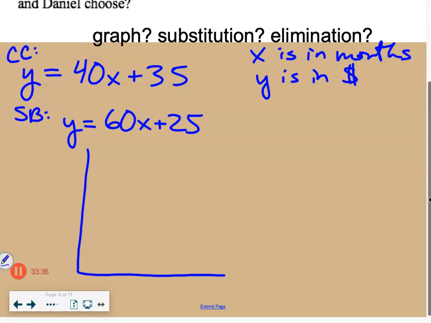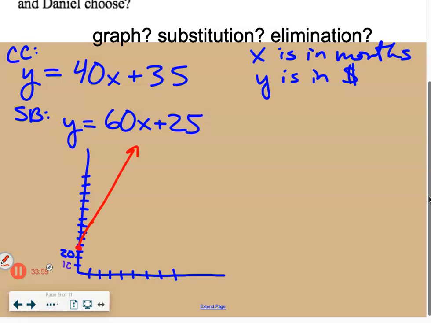So like 10, 20, 30, 40, 50, 60, 70, 80, 90, 100. Going by tens and so forth. 1, 2, 3, 4, 5, 6, 7, 8. First plan, we start at 35. We go up 40, 10, 20, 30, 40 over 1.